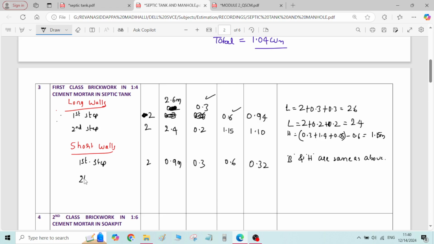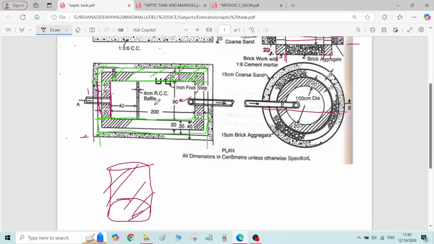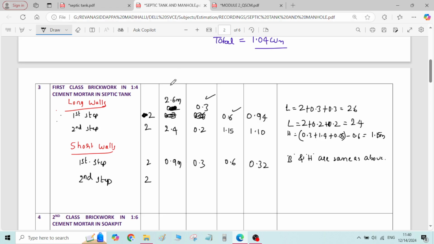Then we'll do the calculation for the second step. Second step, numbers is two number of short walls are there. For second step, again you need to take clear dimension, 0.9 meter only. Only the change is there in the thickness, 0.2, and height 1.15. Same numbers, 2, 0.2 and 1.15, you need to copy.